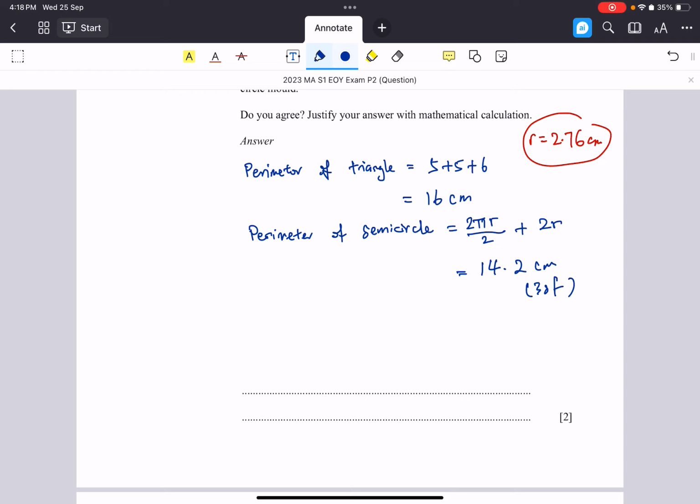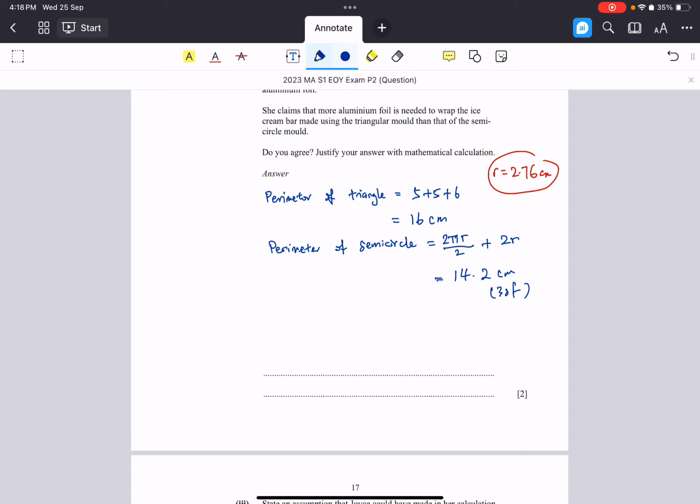So what happened is the aluminum foil is dependent on this, because the total surface area depends on this, because they have the same length and the same cross-section area.